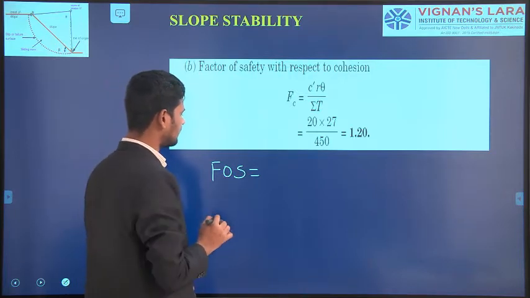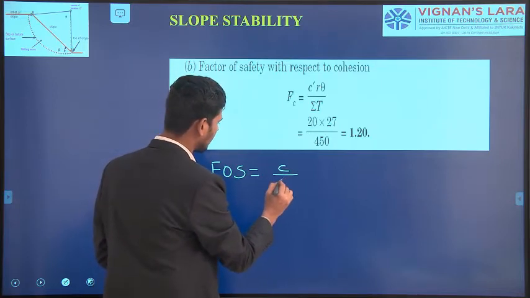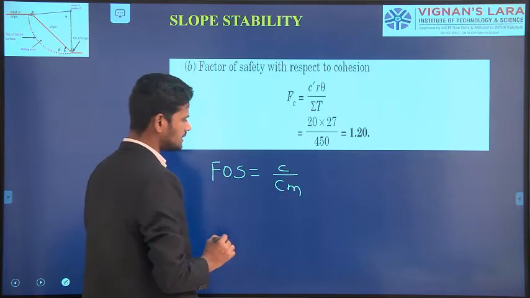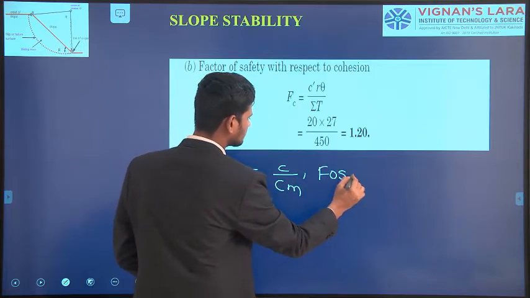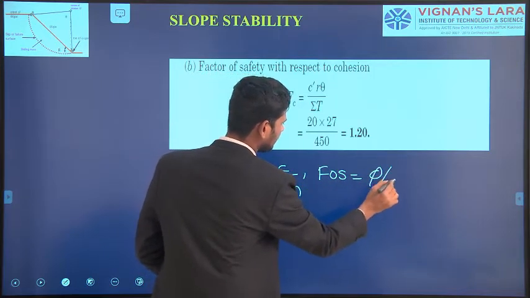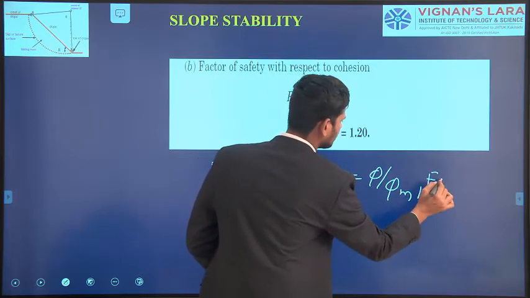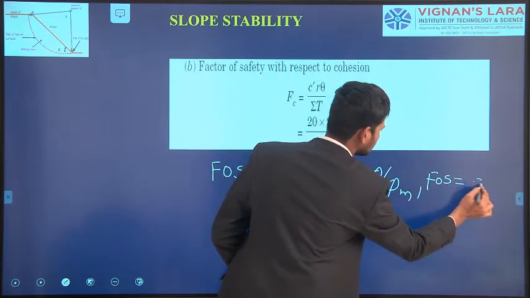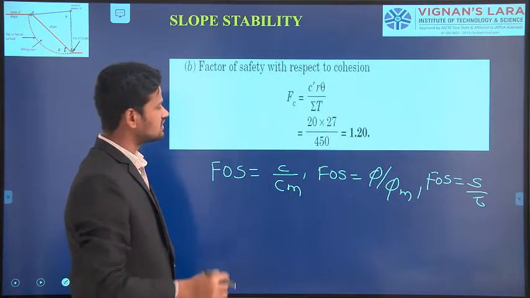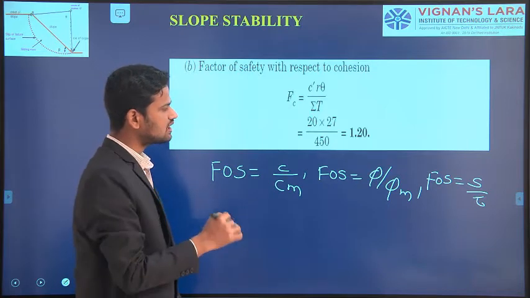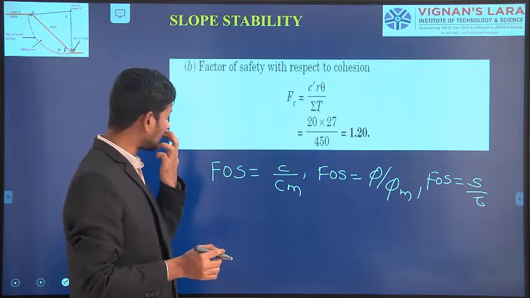Factor of safety of the soil mass with respect to cohesion is C divided by Cm, with respect to angle of internal friction it is phi divided by phi m, and with respect to shear strength it is S by tau, that means shear strength to the shear stresses. These are the three formulas we consider for calculating the factor of safety.